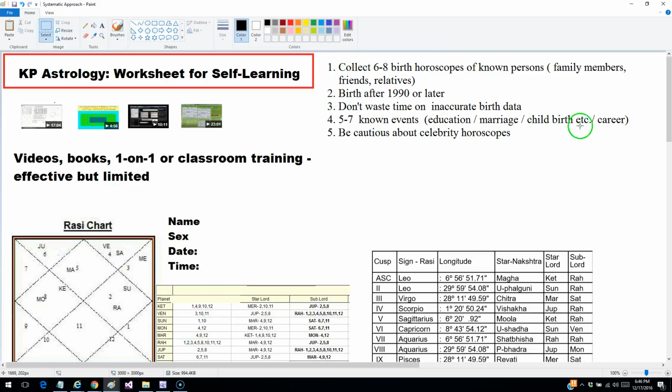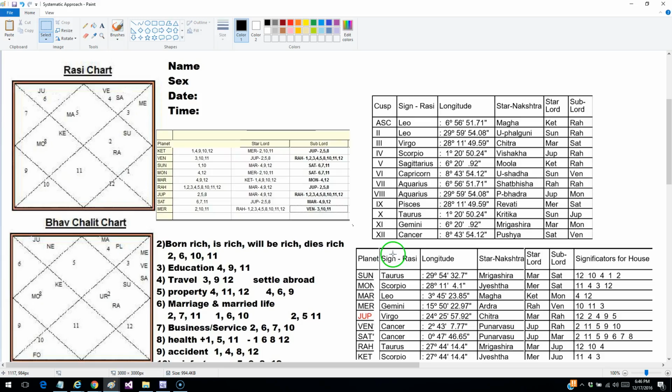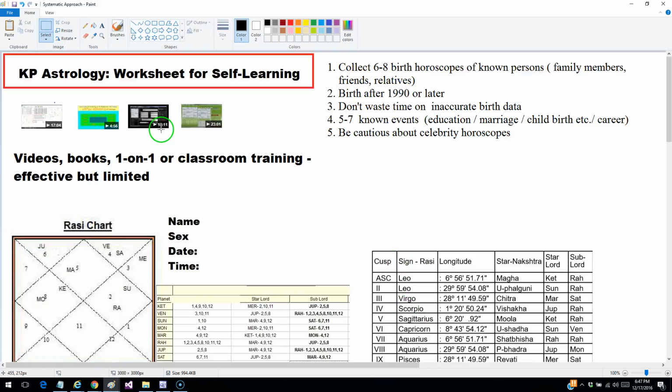So once you have all this data, now is the time to prepare a chart, which you already know how to do, and how to write the tables of planets, cusps, and the significators. I'm assuming you know this by following videos and books or one-on-one classroom training; you can learn these basics in KP.